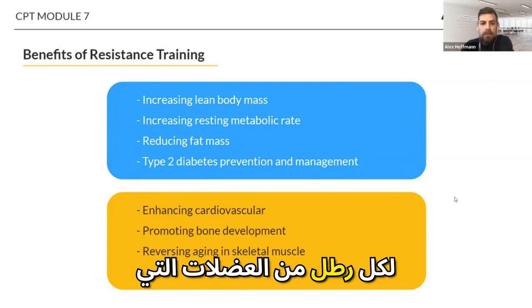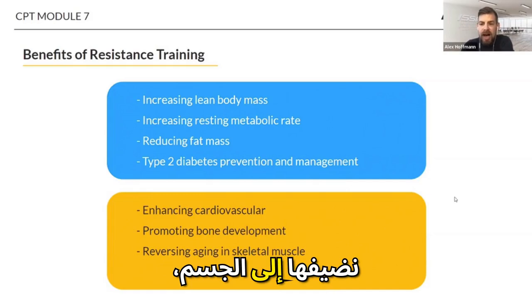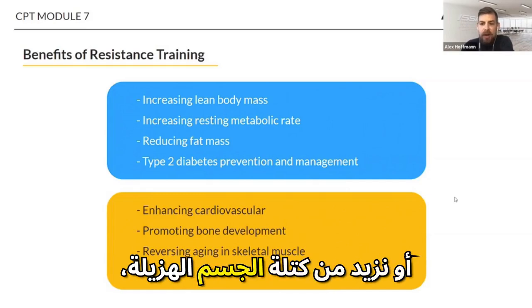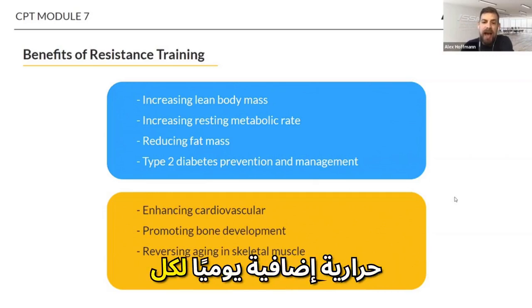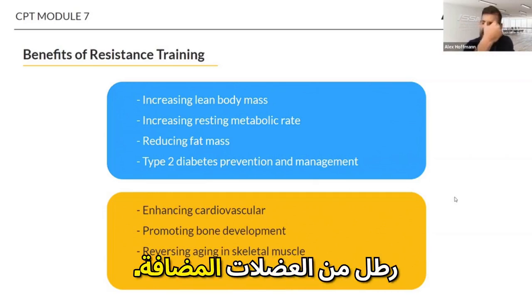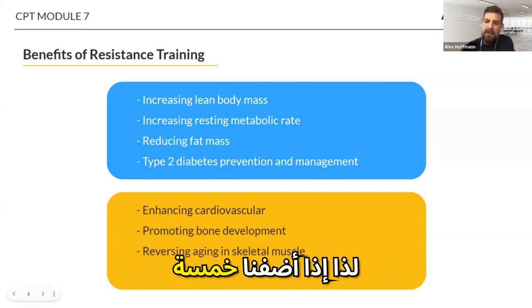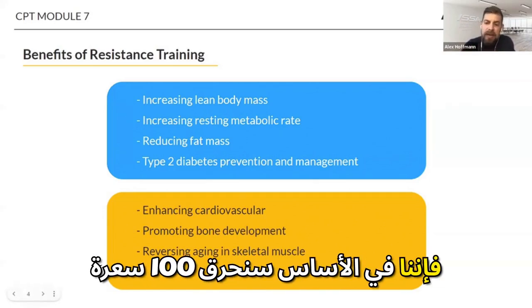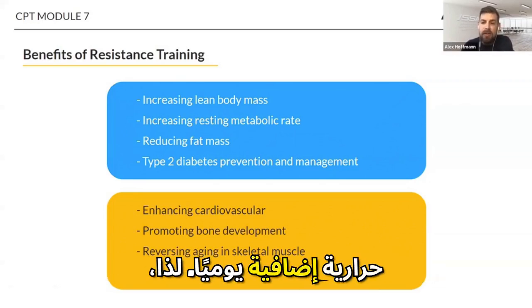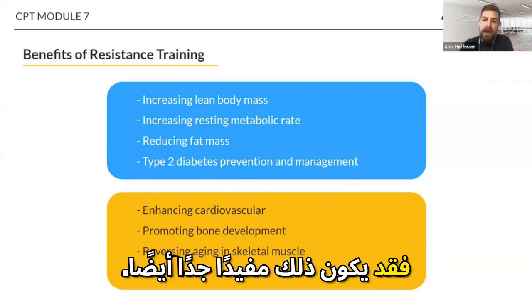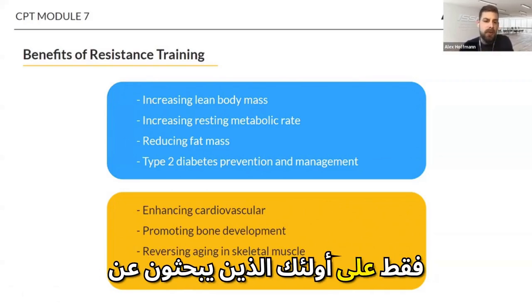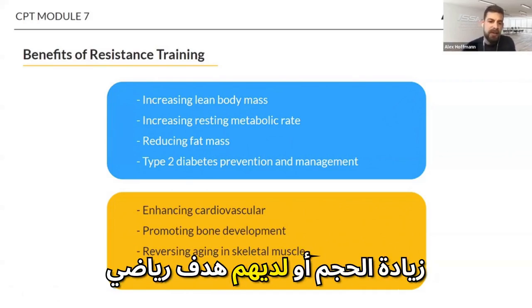And so per pound of muscle that we add to the body, or increase in our lean body mass, we actually burn an additional 20 calories per day per pound of muscle added. So if we add 5 pounds of muscle, we would essentially be burning an additional 100 calories per day. So if someone has a weight loss goal or a fat loss goal, that can be very beneficial as well. So resistance training isn't just for those who are looking to bulk up or have a specific sports performance goal.